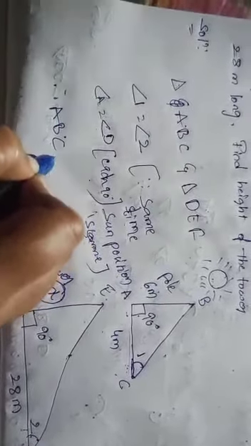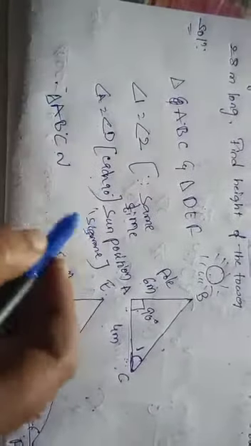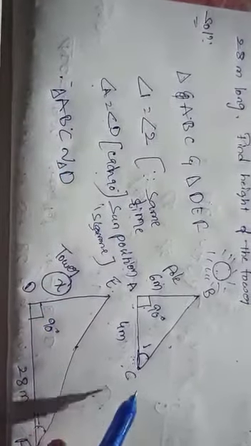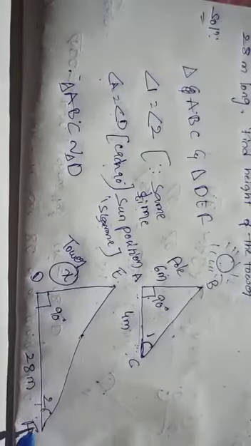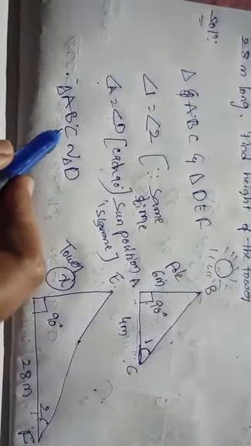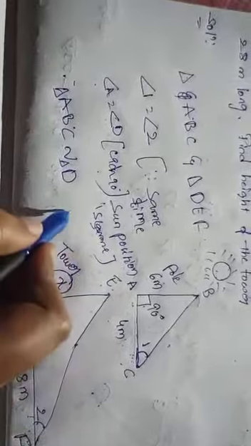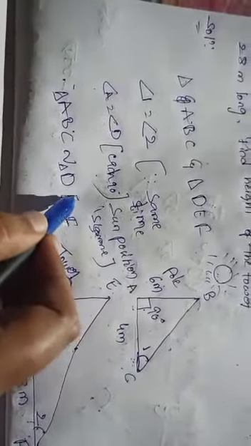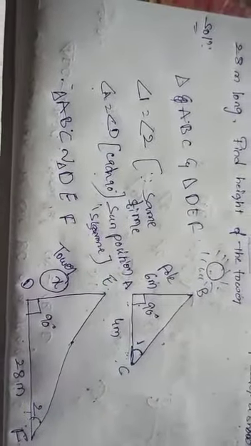Angle A equals angle D. Next, angle 1 is C, angle 2 equals angle F. Angle C equals angle F. These two figures are similar.